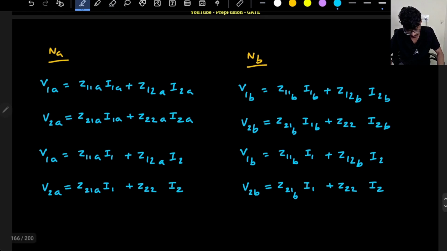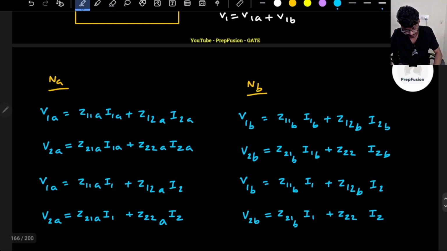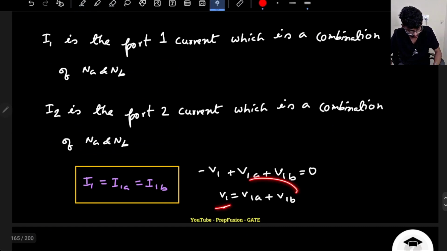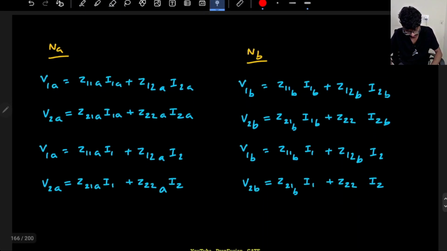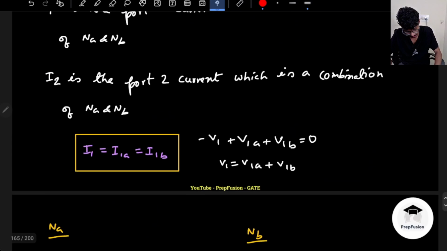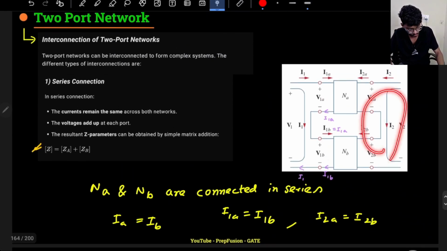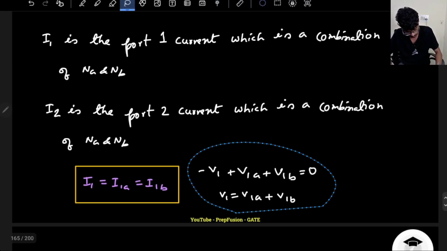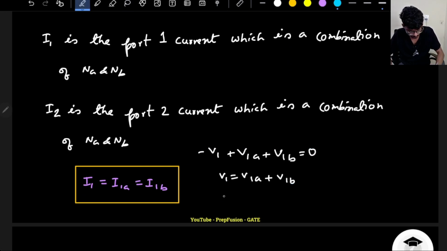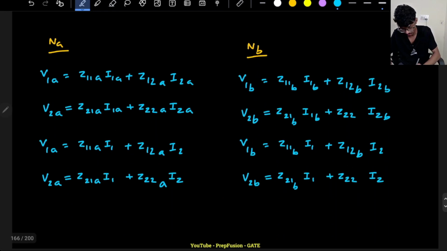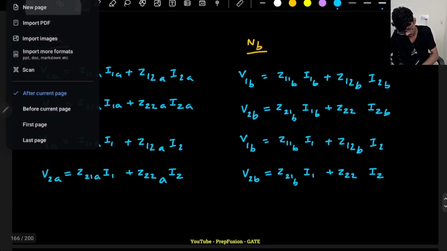Okay, fine. Now, what is another equation? Another equation is V1 is equal to V1A plus V1B. The same you can write for the output KVL as well, that V2 will be equal to V2A plus V2B.